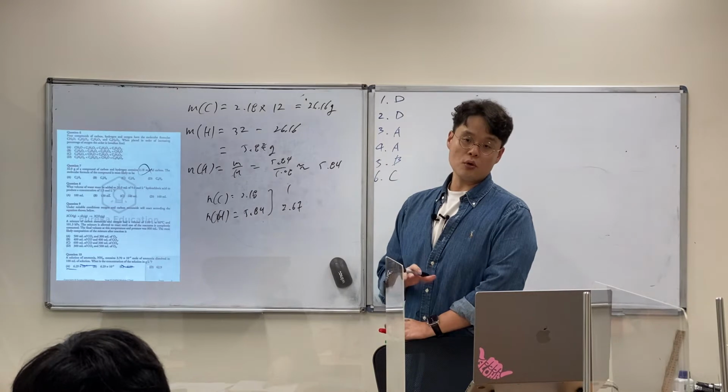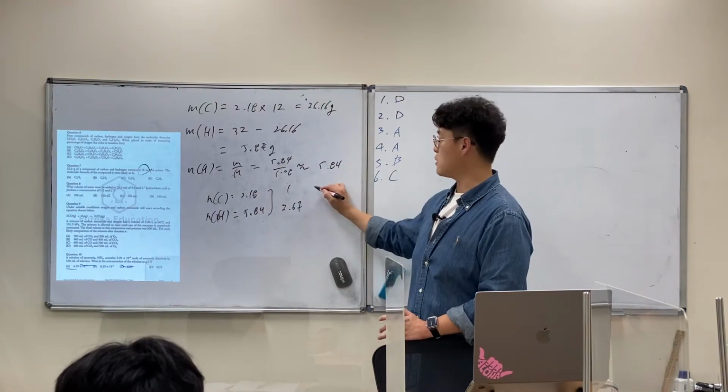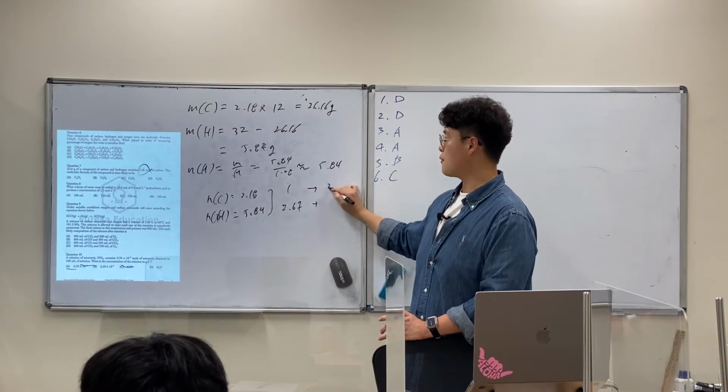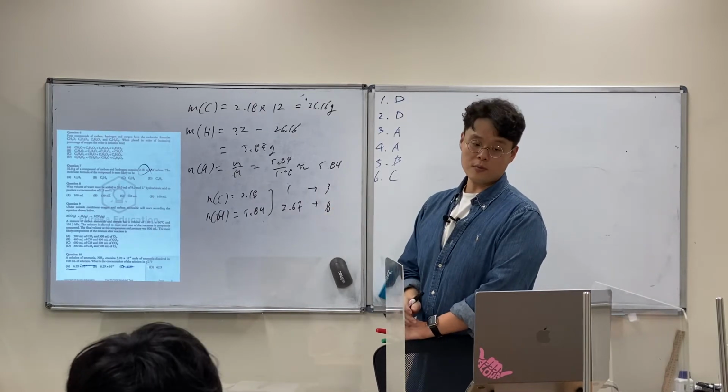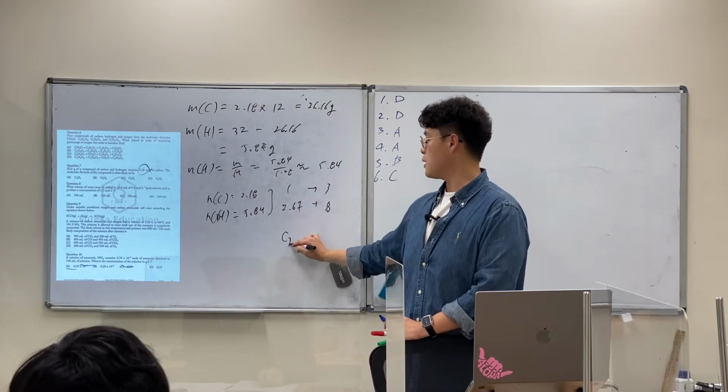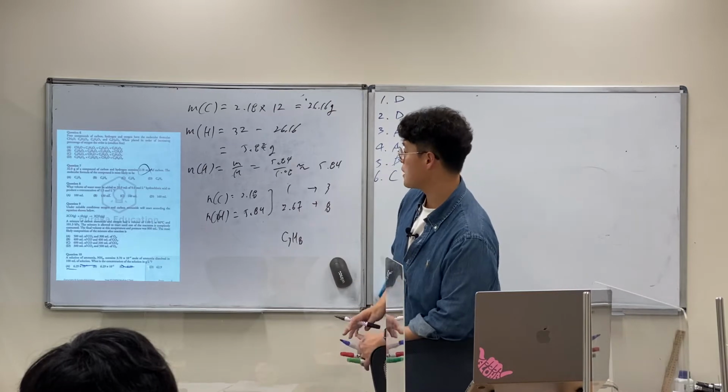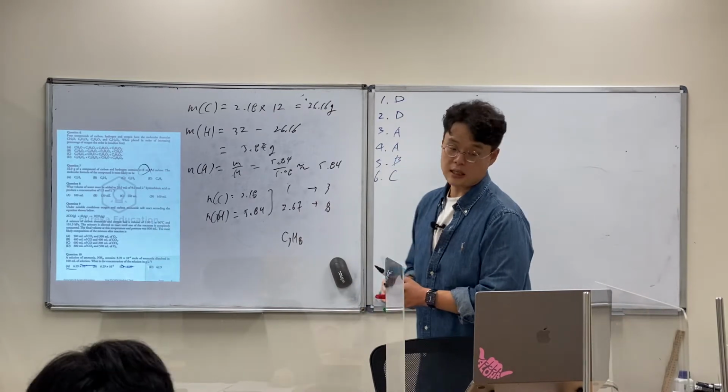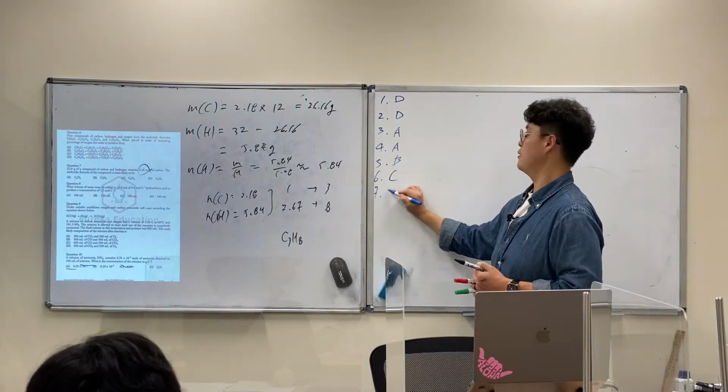It's not a complete 2 or 3, which means that we need to make it a whole number. So you will end up with 3 and 8. So the molecular formula would be C3H8, which is the answer to the question. C, again, is the answer.